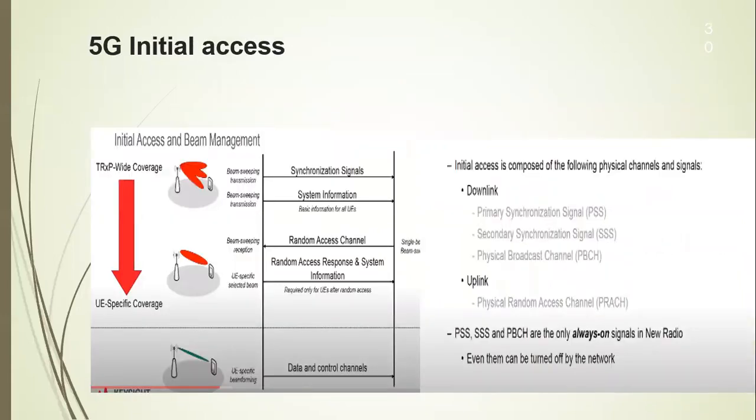So that's all in this session. In the next session, I would like to cover the initial access procedure, the RACH procedure, basically how it happens in a 5G network.